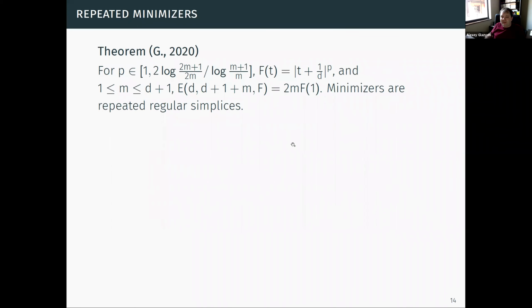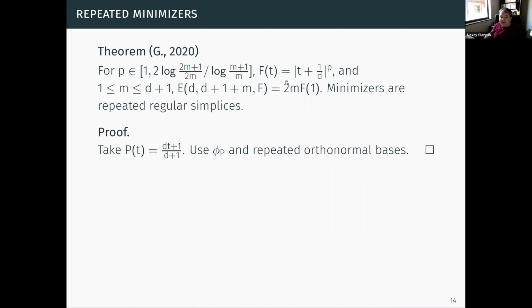And this is one result where this works. If you define your potential this way, (d plus 1 over d) to the power p, then minimizers are going to be repeated regular simplices. What happens here? You take this function, you look at the mapping to a higher dimension. Your suspected minimizer, which is a regular simplex, is going to be mapped to an orthonormal basis there.